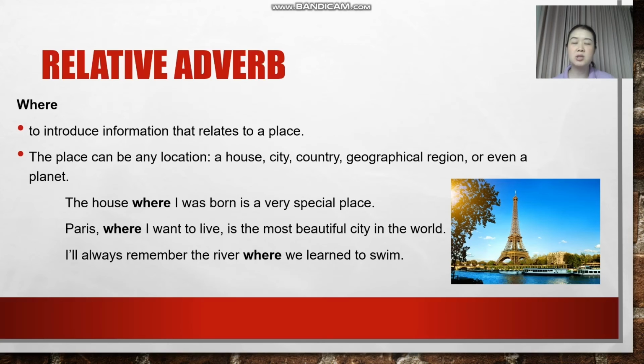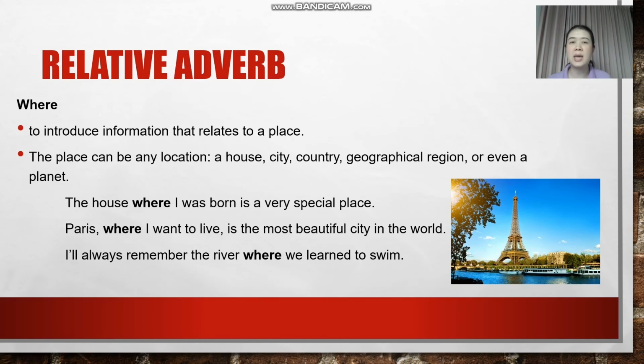In some sentences, you can see that they have what is called a comma. So how are they different from the first one, the house where, and another one, Paris where? You can see that if you are using the comma, it means that the information in the comma is like extra information. It's possible to remove that. So we can say Paris is the most beautiful city in the world, and the meaning is complete.